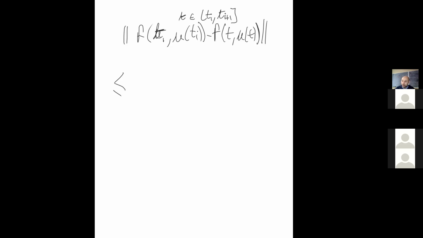Puisqu'il est continu sur un compact, il est uniformément continu sur ce compact. Et donc, ça va donner une majoration qui ne dépend pas de i, c'est-à-dire une majoration qui dépend uniquement de la longueur de l'intervalle, h.